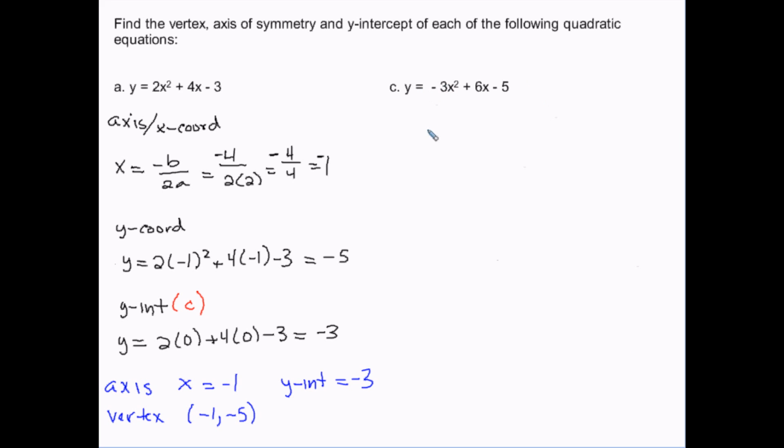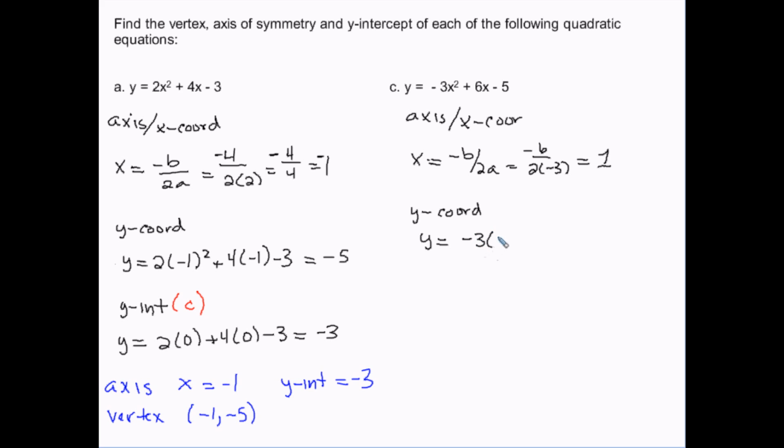I'll try that on this one as well. My axis of symmetry, or my x-coordinate, is x equals negative b over 2a. So I get negative 6 over 2 times negative 3, which is negative 6 over negative 6, so that's a positive 1. My y-coordinate, I plug in that positive 1, and I get negative 3 times 1 squared plus 6 times 1 minus 5.